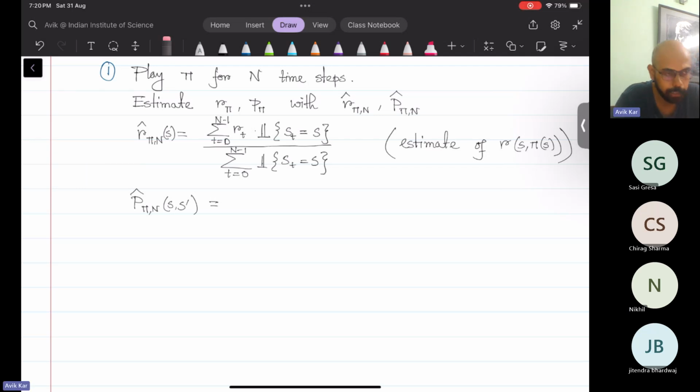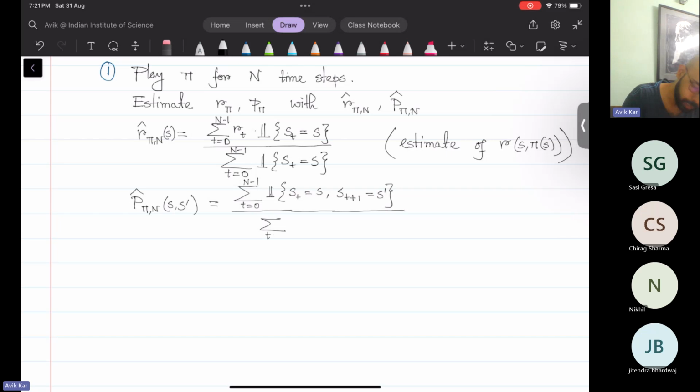So the denominator is how many times you have been in state S, and the numerator is, out of those times, how many times you landed in state S prime as the next state. That makes sense, right? So it counts the times when St equals S and St plus 1 is S prime, and the entire thing is divided by the number of times you visited state S.